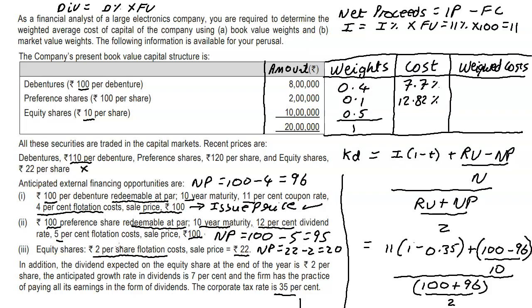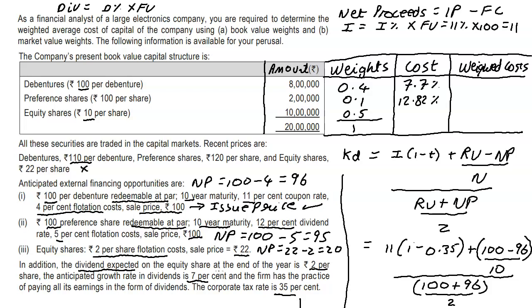And anything else they've told us, the dividend expected on the equity share at the end of the year. What's important here is dividend expected. If it was last year's dividend, then we would have to take the 2 rupees and add the 7%, which is growth.